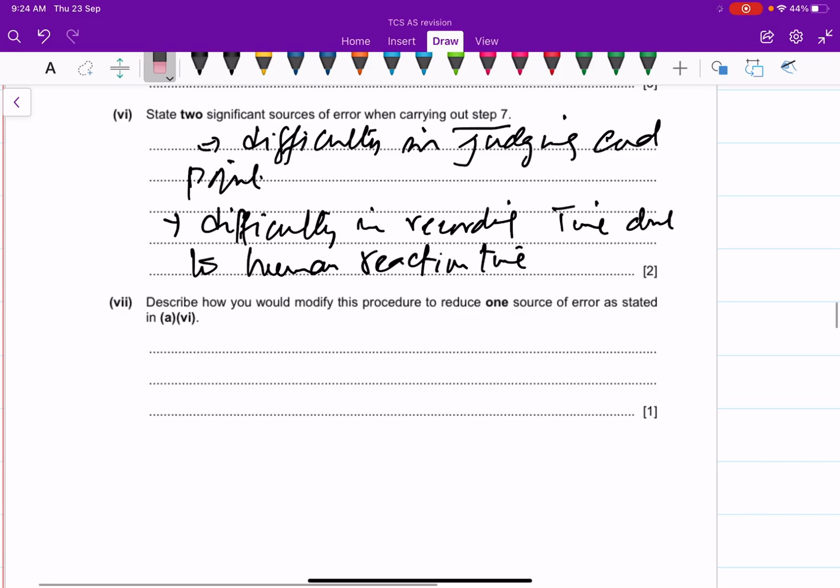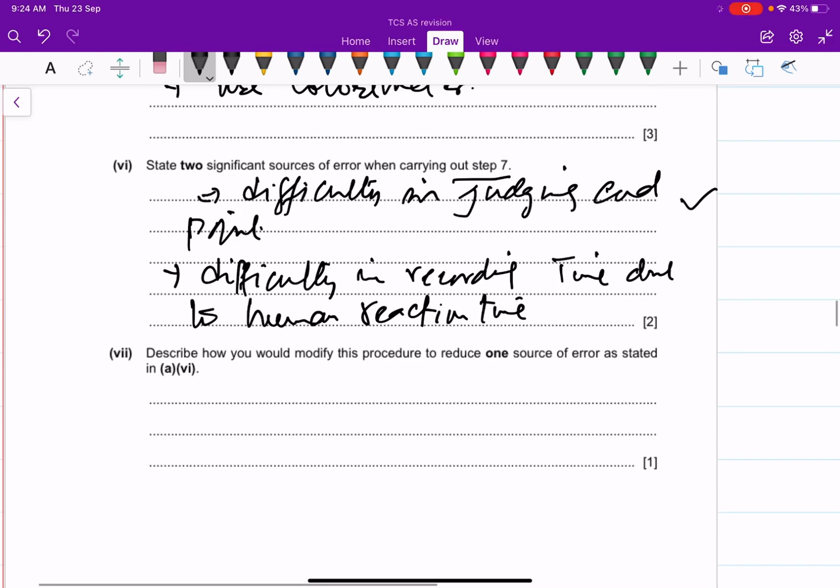Now describe how you would modify this procedure to reduce one source of error as stated in this. So there are 2 sources of error that you have stated, and this experiment can be modified to improve one of them. That may be use a colorimeter.